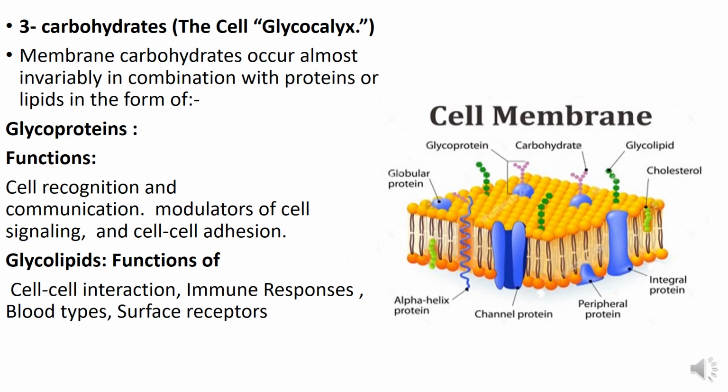Carbohydrate. This is the carbohydrate, مؤشرة وواضحة بالملون. Membrane carbohydrates occur almost invariably in combination with protein or lipid, in the form of glycoprotein and glycolipid.